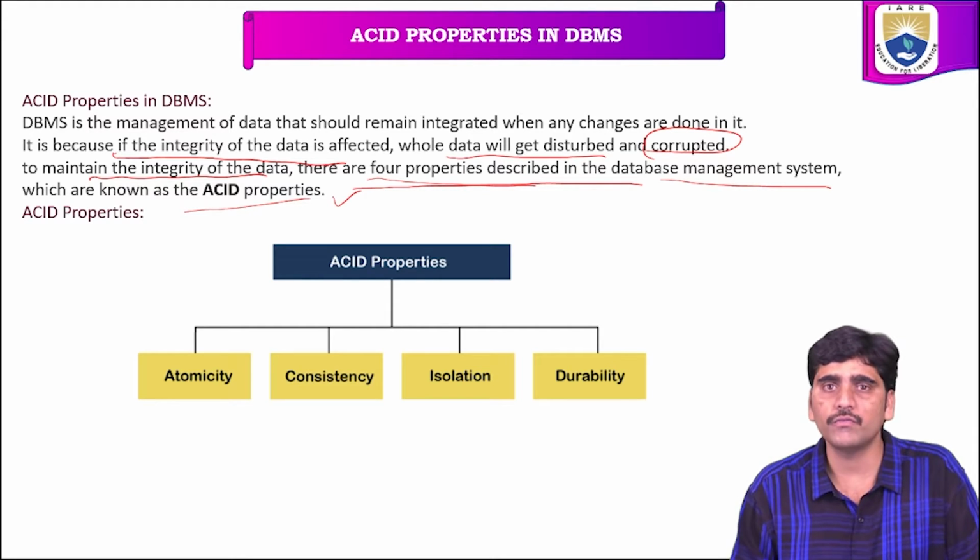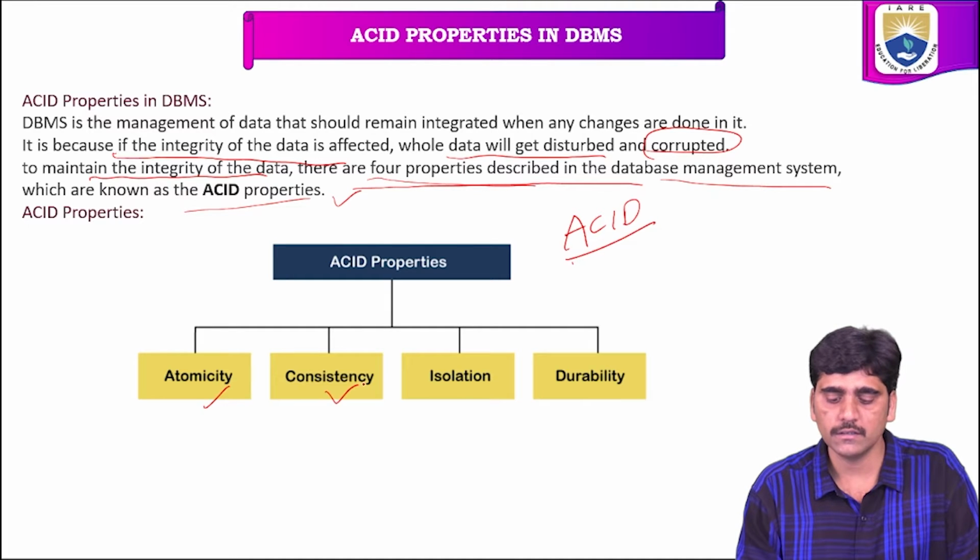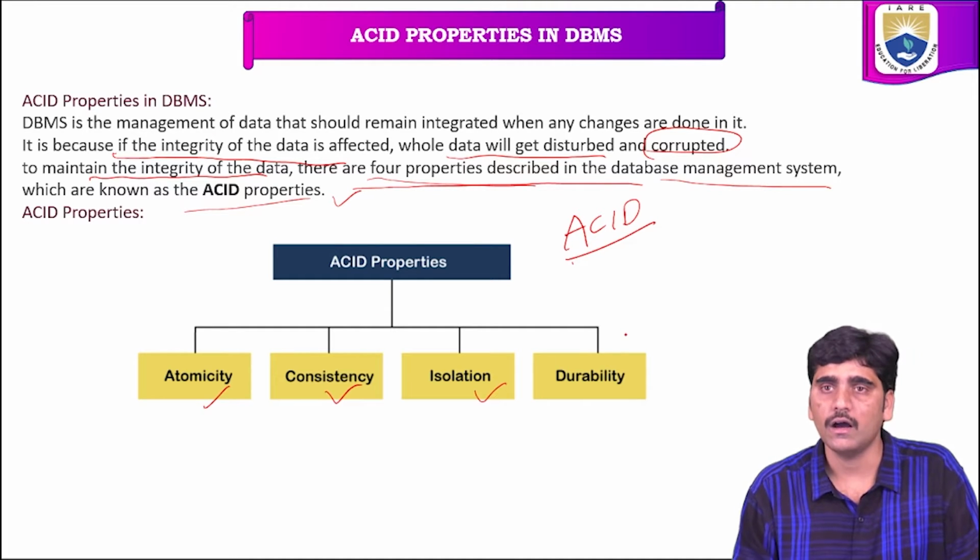So there are 4 ACID properties. ACID stands for atomicity, consistency, isolation and durability. A for atomicity, C for consistency, I for isolation and D for durability.